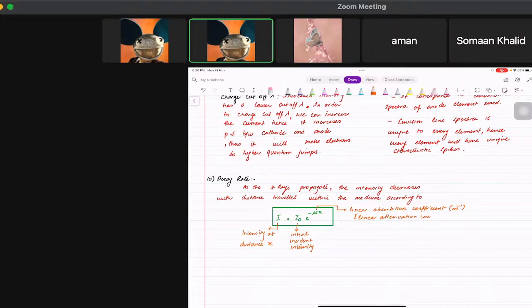Basically it's the same thing, just a different name. And then this x you see is the linear distance traveled within the medium, like that.